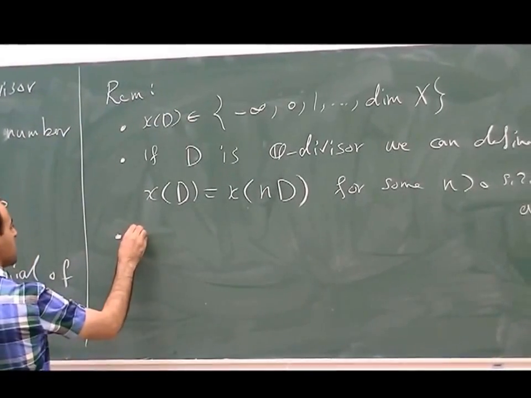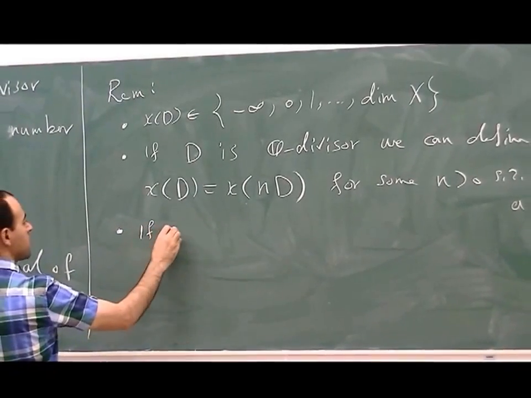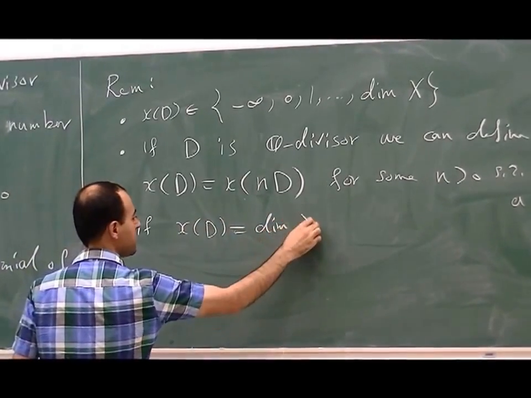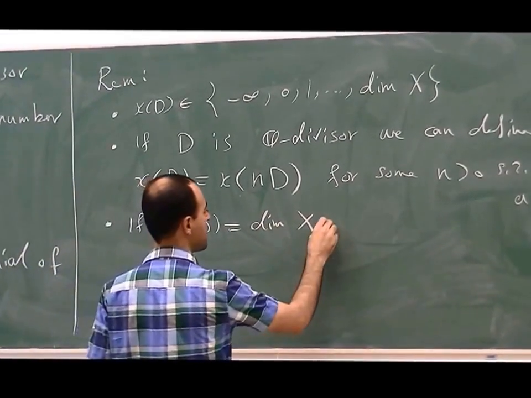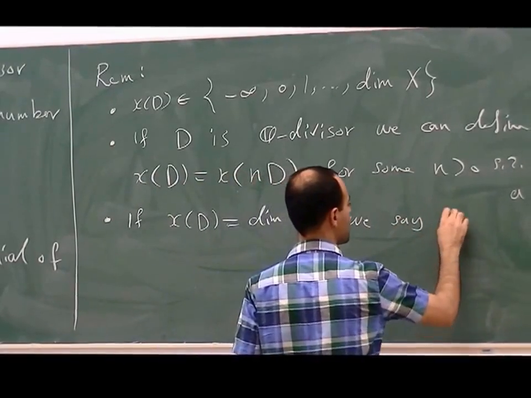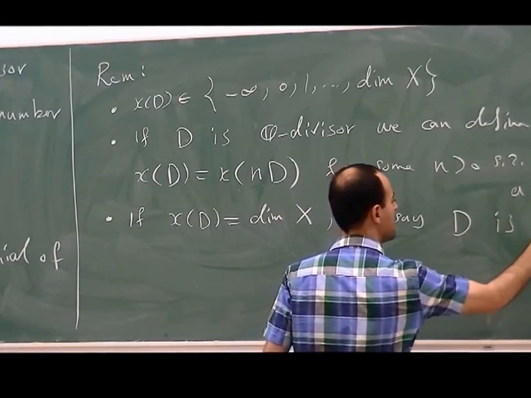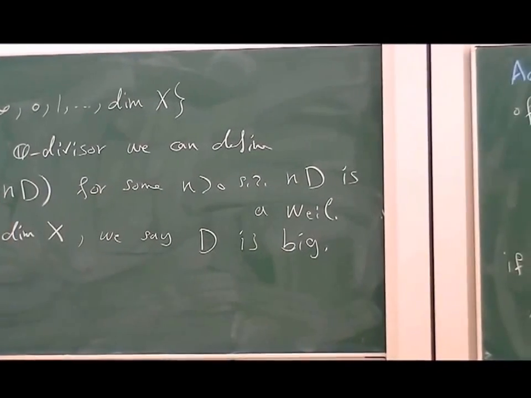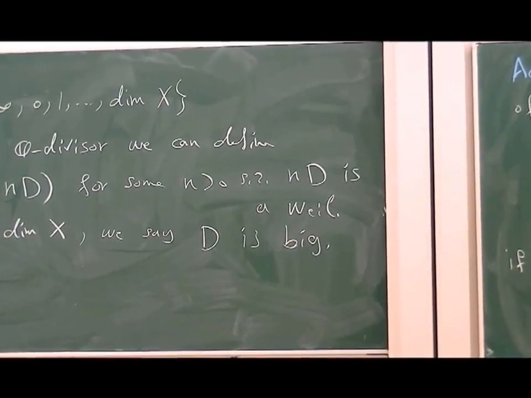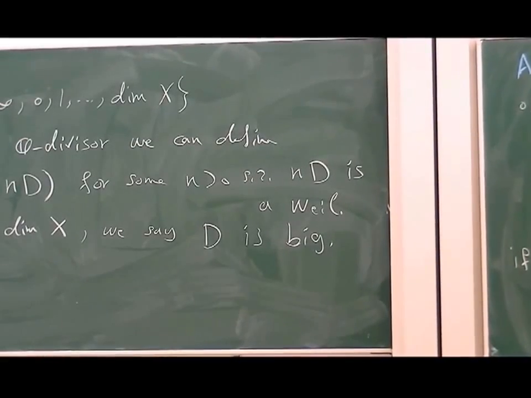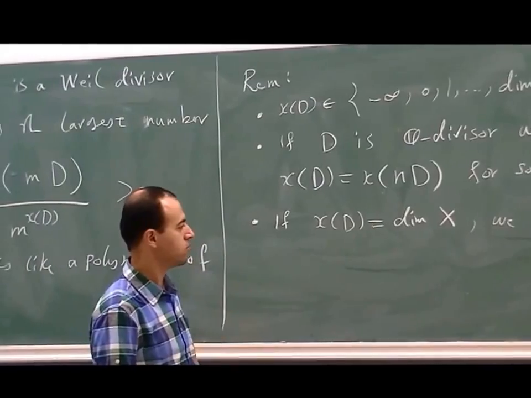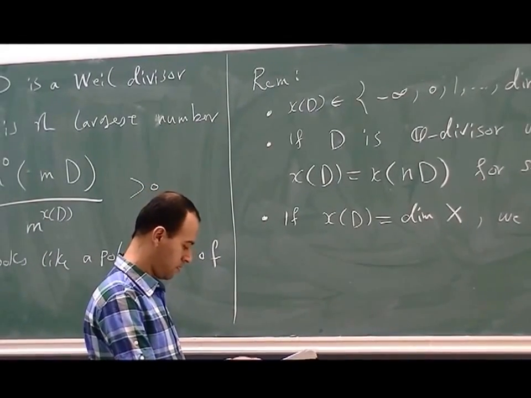there are some terminologies. If Kodaira dimension of D is equal to the dimension precisely, then there is a special name for this thing. We say that D is big, which makes sense because this exactly means that you have so many sections that the divisor really is like a big divisor, like a big guy. So we have this terminology.